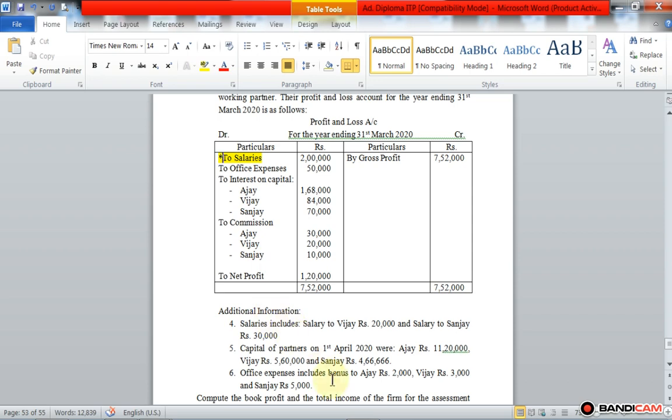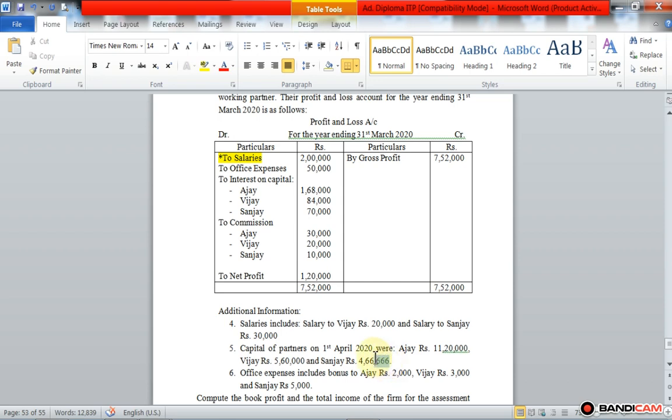Then capital of partners on 1st April 2020: Ajay rupees 11 lakh 20,000, Vijay rupees 5 lakh 60,000 and Sanjay rupees 4 lakh 66,660.